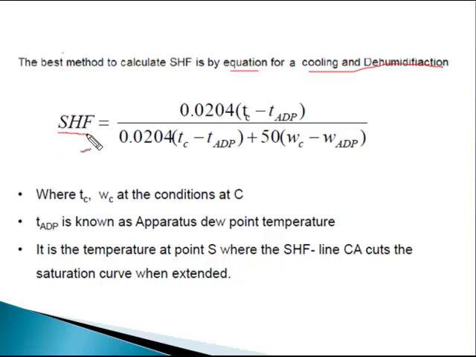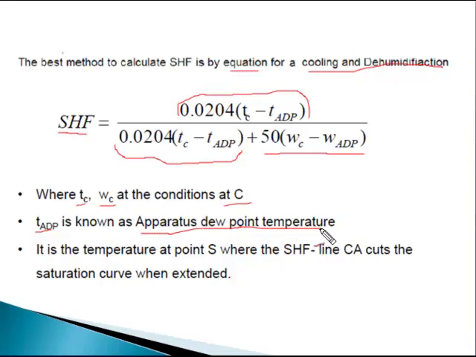Sensible heat factor is equal to 0.0204 into (Tc minus TADP) divided by 0.0204 into (Tc minus TADP) plus 50 into (omega C minus omega ADP), where Tc and omega C are the conditions at C. TADP is known as the apparatus dew point temperature.